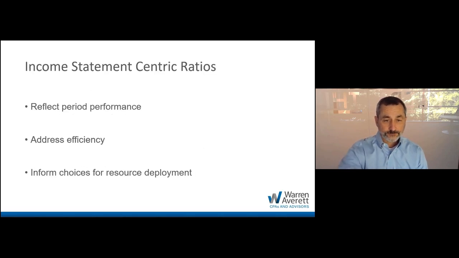As we think about these income statement centric ratios, we want to be aware that these reflect period performance. The income statement reflects periodic performance for some fiscal period. These income statement centric ratios also address efficiency. How well is the company using its assets? How well is the company using its equity?